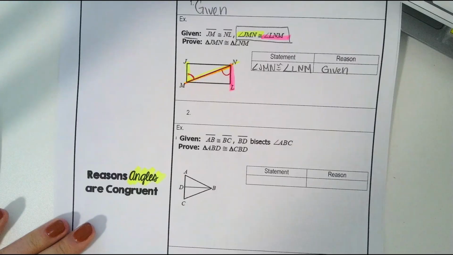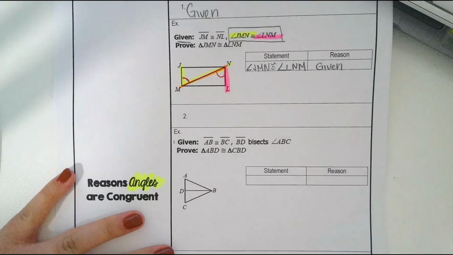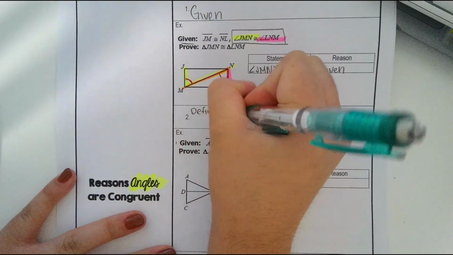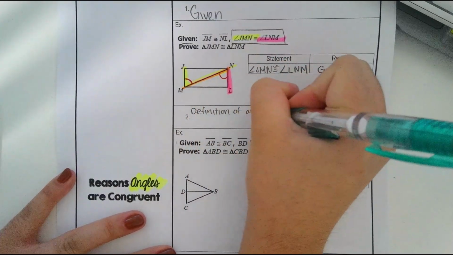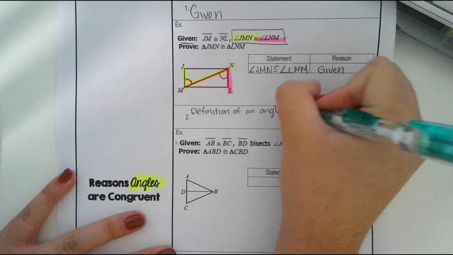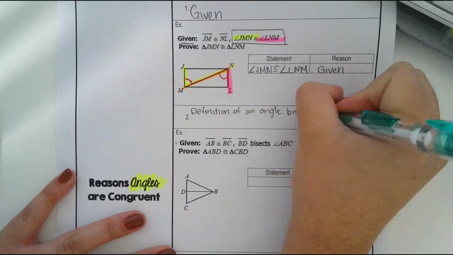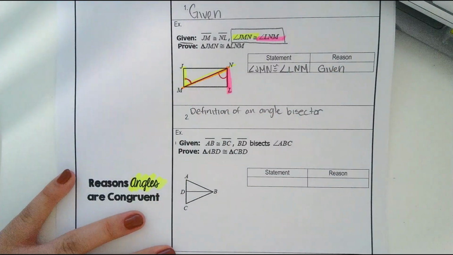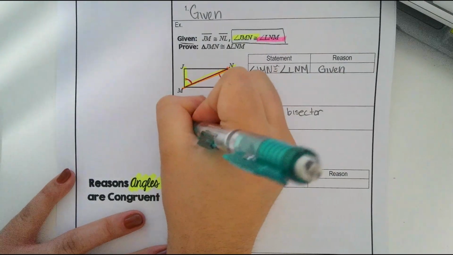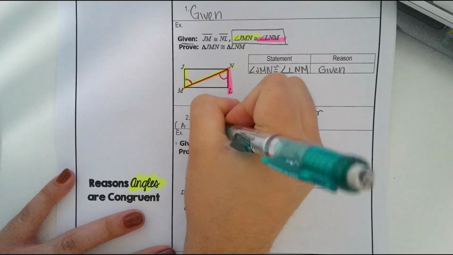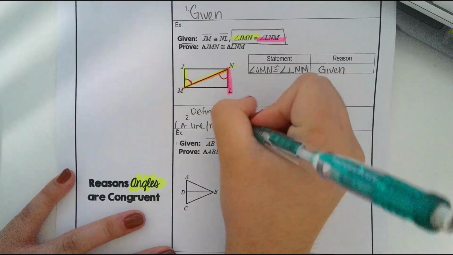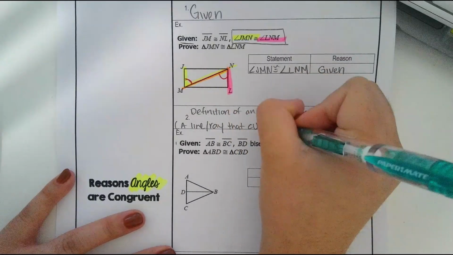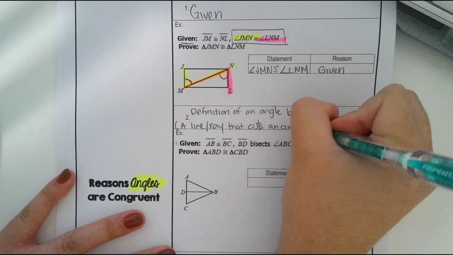Okay, and then we move on to the second reason, that is we use the definition of an angle bisector. Okay, and the definition of an angle bisector is a line or a ray, whichever you want to say, a line or ray that cuts an angle in half.